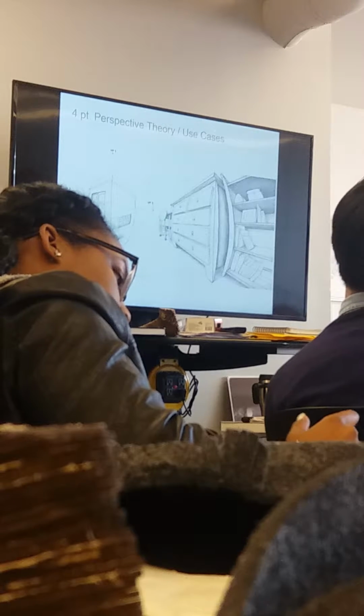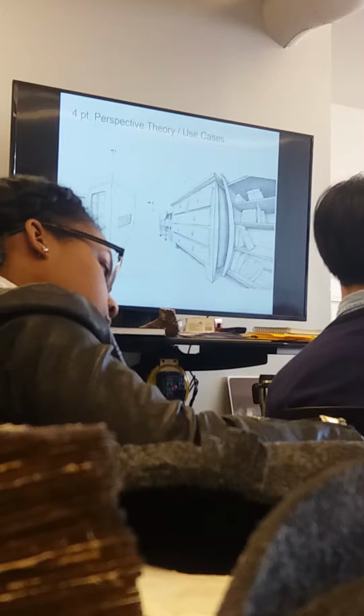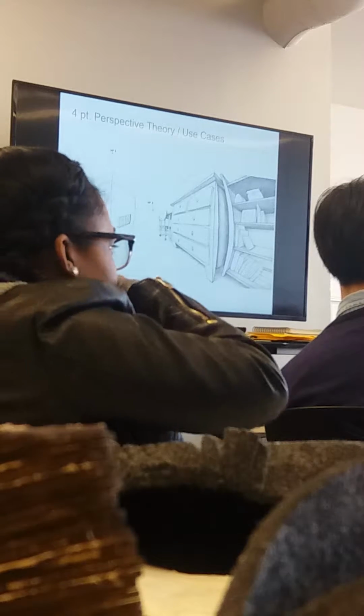Think of it like the optics of a lens, or a mirror that you see in a parking garage. It curves all the lines. Because theoretically in the Doctor Who TARDIS, this is all one line, but it curves.